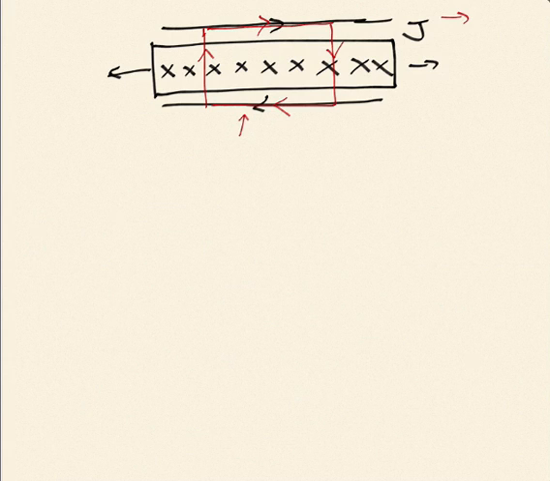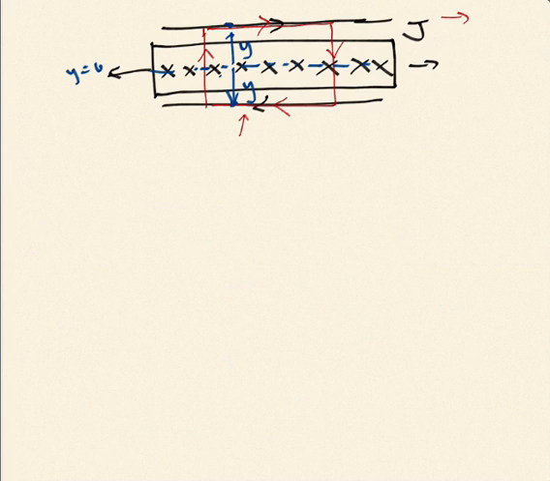Now I'm going to pick my loop so that it's symmetric about the center. If this is the center of my current sheet, I'm going to call this distance y, and this distance will also be y. So really this will be at position y, and this will be at negative y, if we call this y equal to 0 here. By symmetry, the strength of the field at these two locations has to be the same.